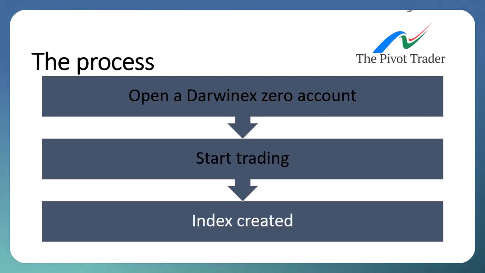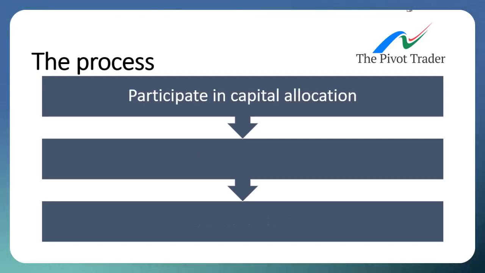Once you start trading, you get an index created. So basically from that stage onwards, the machine, they've done the analysis on the way you trade and how you trade in terms of sizing and everything else, and they create an index, and all indexes are created using the same algorithm of how they design these indices. And then you carry on trading.